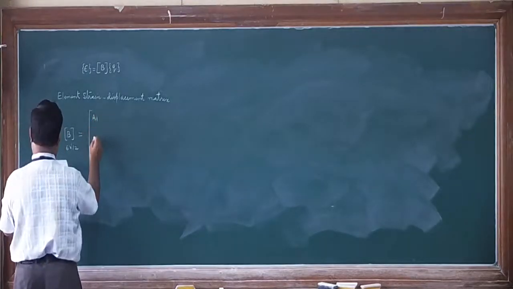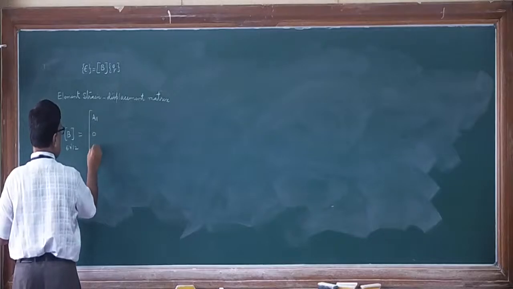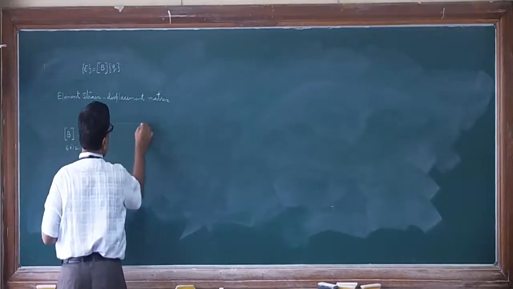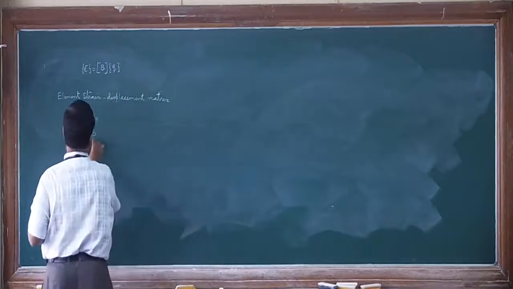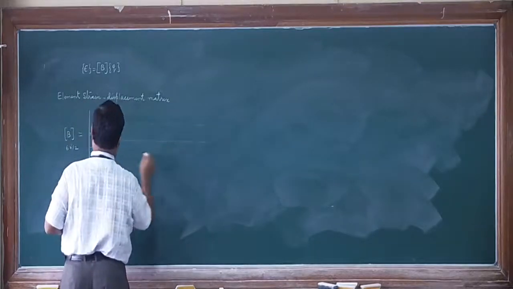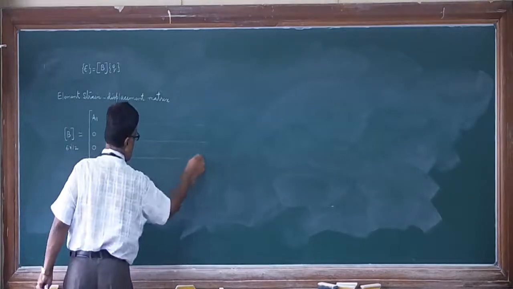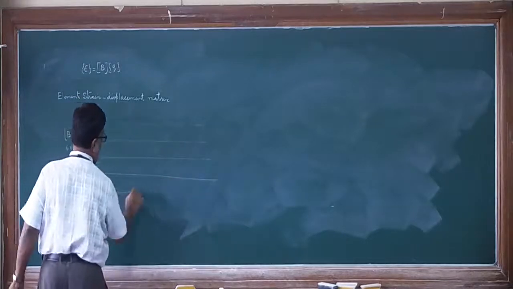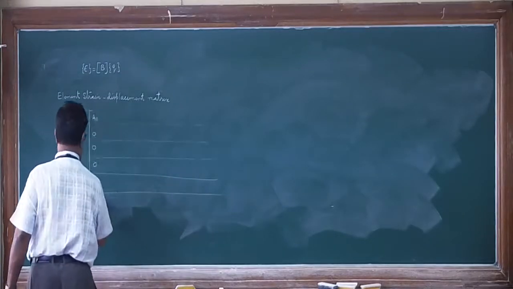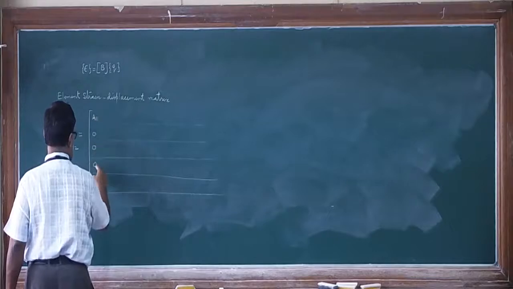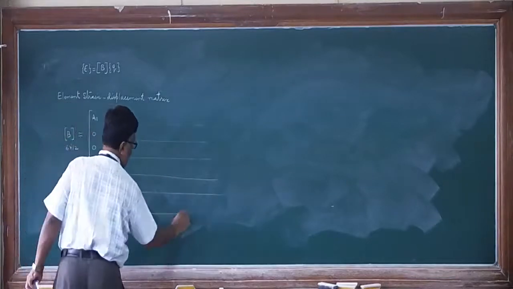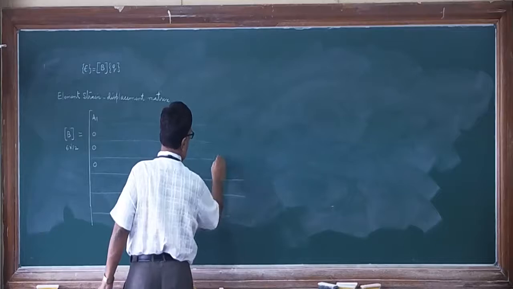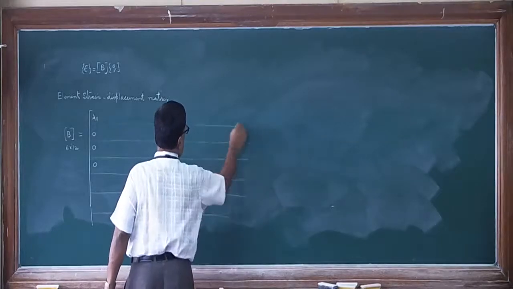A11, 0, 0, 0. Maybe we can write a horizontal line so that we can write them in the same line. Yes, this is going to need 12 lines.